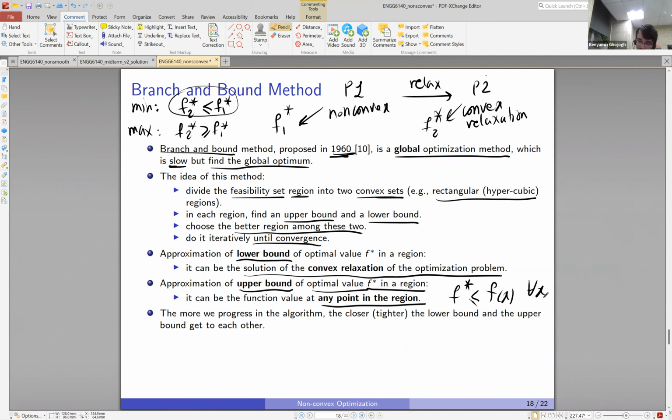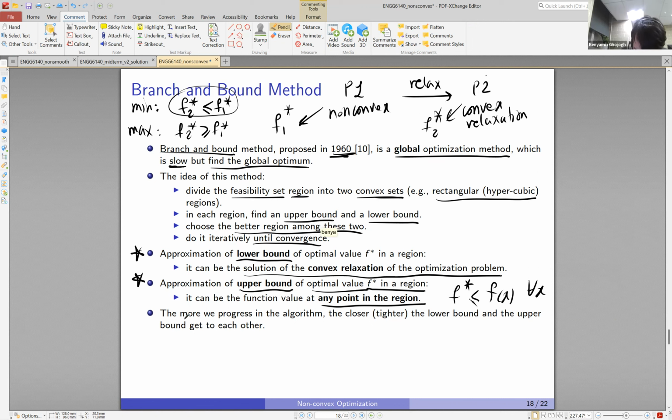This is the definition of global minimum. So if you take any point in that domain, of course its value is greater than or equal to F star. So the function value at any point you take can be the upper bound. Okay, so now we talked about how to get the upper bound and lower bound in each region.